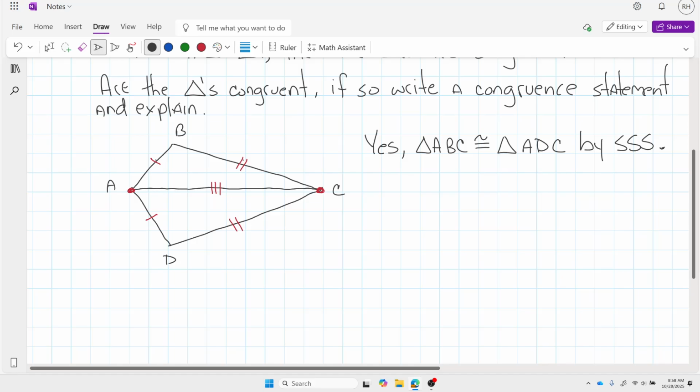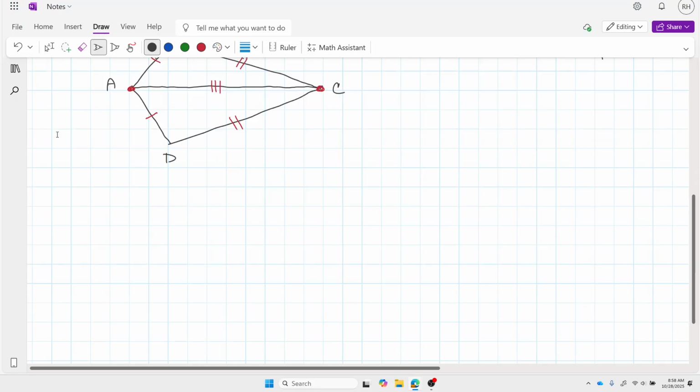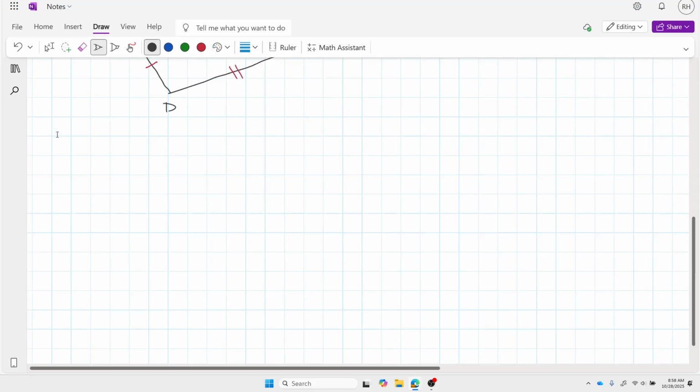Okay. The one thing you can't do when you're doing these problems is assume that sides are congruent based on what they look like. So if we have another picture and it looks something like this, and this is maybe M, N, O, and P, and we got a line going through the middle.